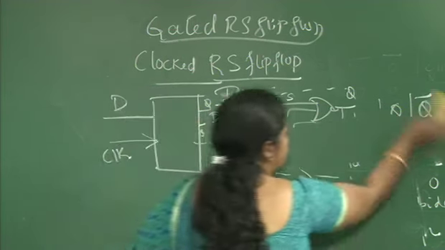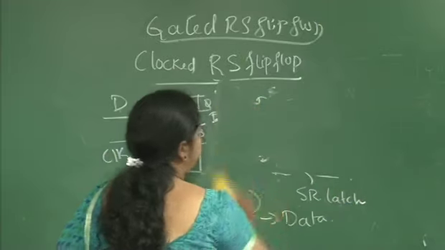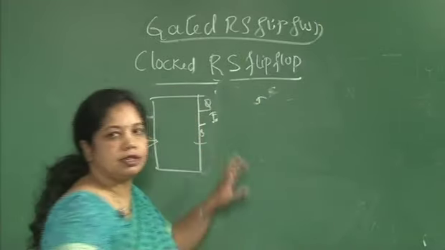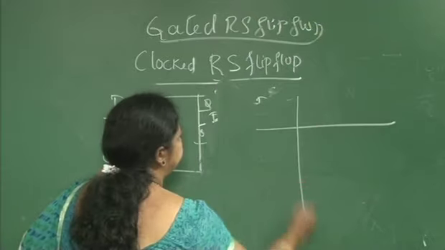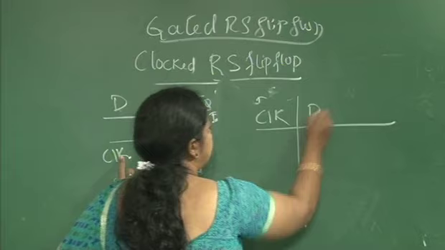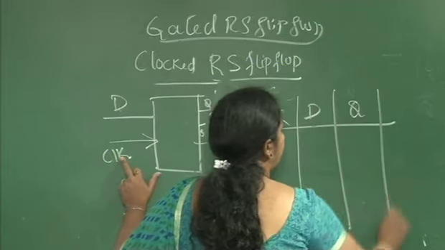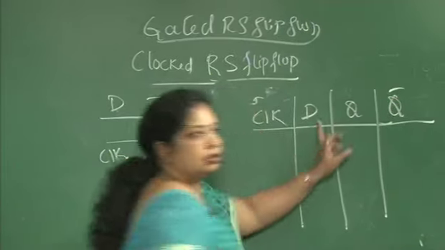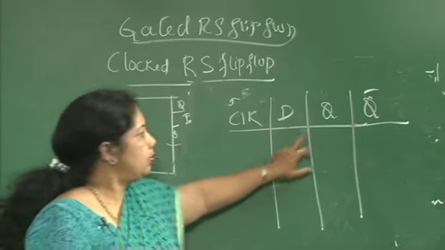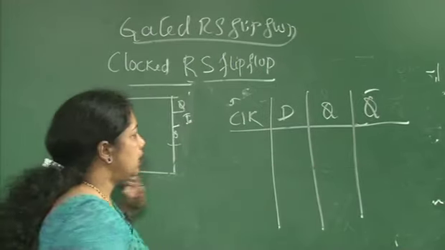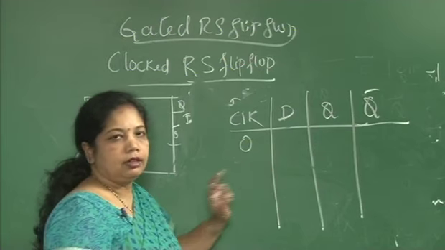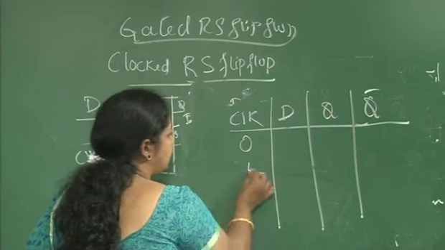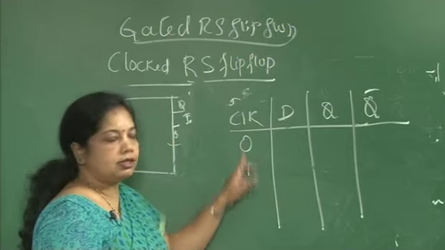So, let us write the truth table for the D flip flop. How exactly does this D flip flop work? Whenever I apply a clock, D input, Q and Q complement are the outputs of the flip flop. Whenever my clock signal is 0, and whenever I apply my clock signal as 1. Let us discuss.